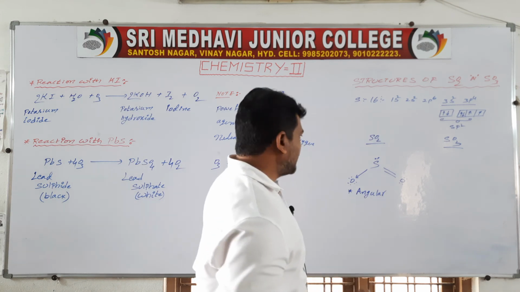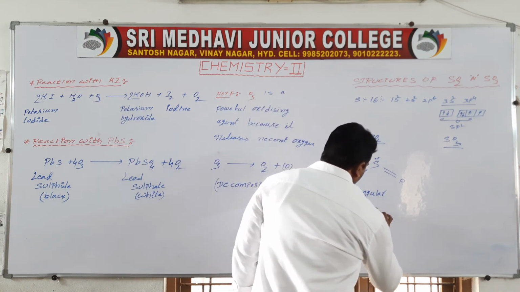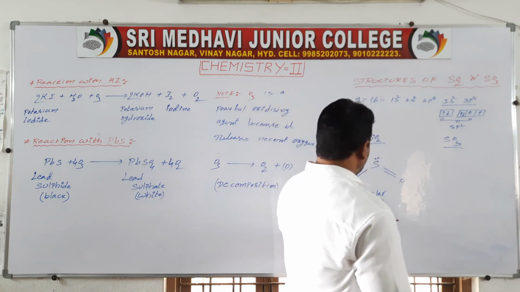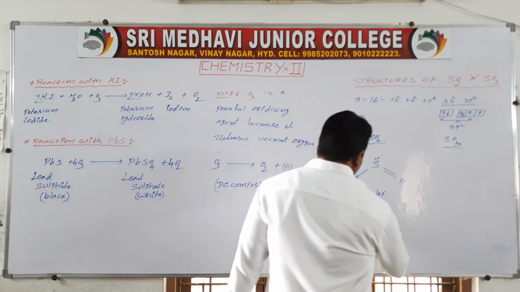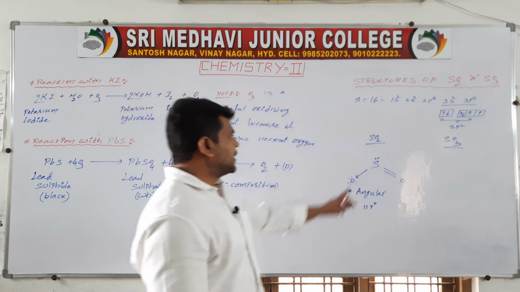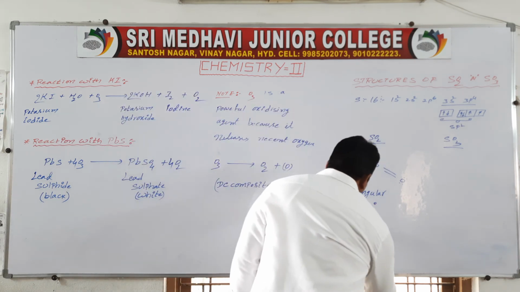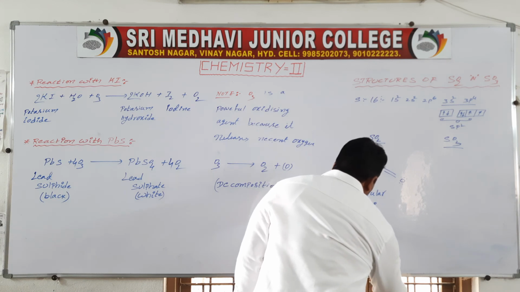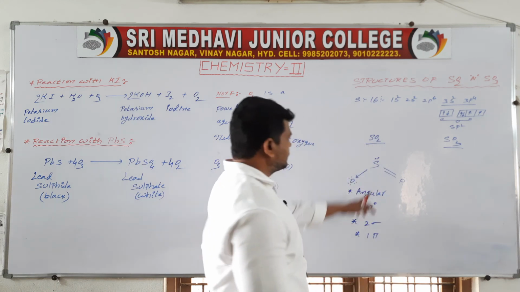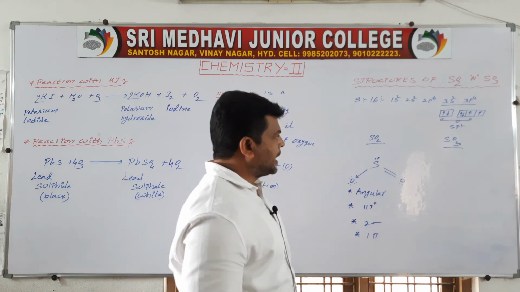So bond angle 118 degrees, nearly 117 degrees, due to repulsion between lone pair and bond pair. So here 2 sigma bonds, 1 pi bond. Then shape of the molecule is angular.